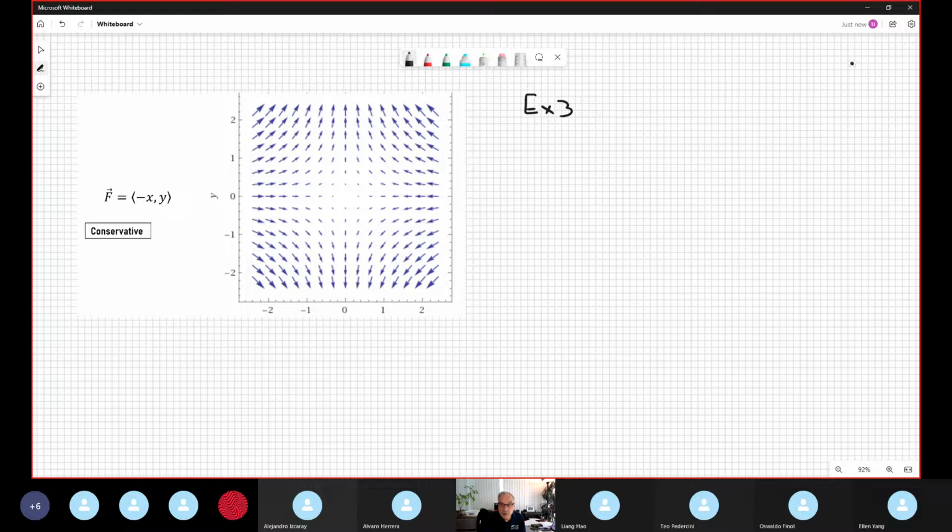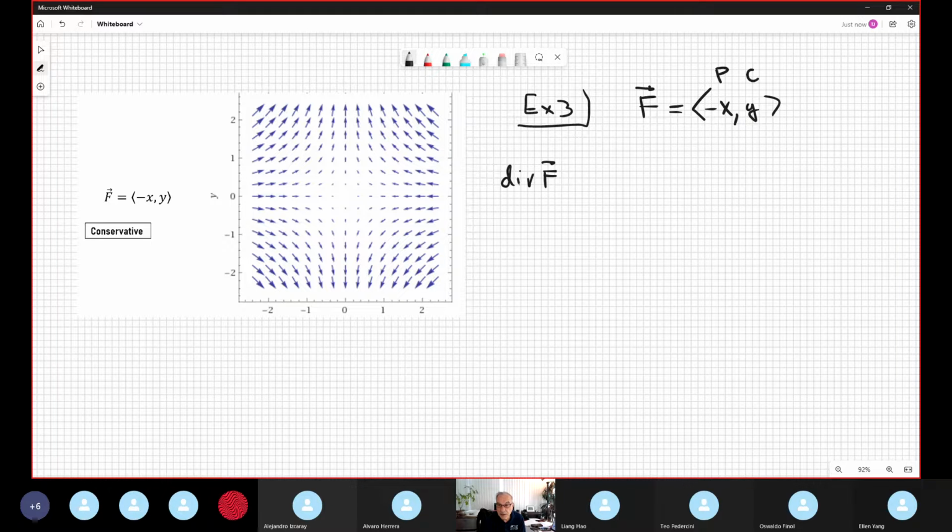Example 3 is the vector field negative x, y. Okay, cool. In this case, let's compute the divergence of this vector field.